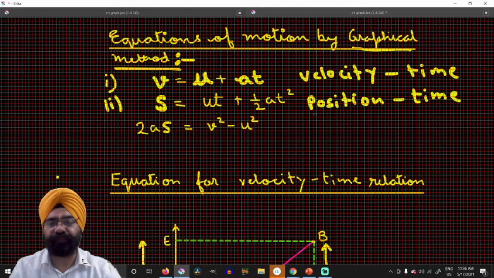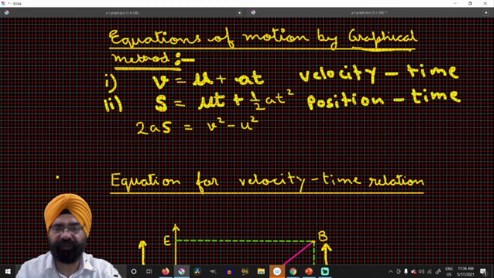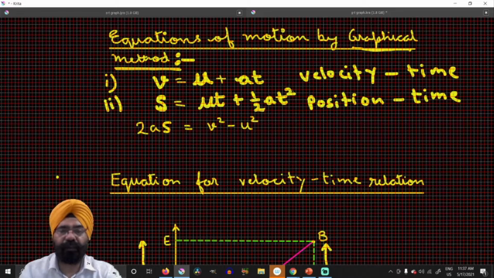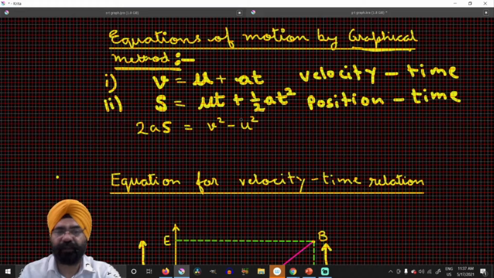As per this equation, s is equal to initial velocity multiplied by time plus half the rate at which velocity is changing, that is the acceleration, multiplied by the square of the time during which this change happens. So the second equation of motion is s is equal to ut plus half at square.